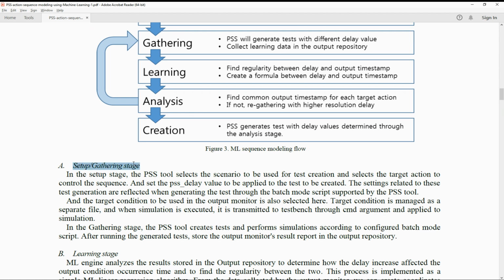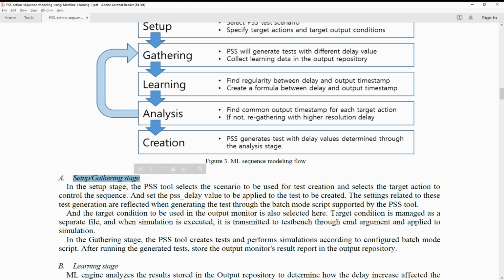A. Setup and gathering stage. In the setup stage, the PSS tool selects the scenario to be used for test creation and selects the target action to control the sequence and set the PSS delay value to be applied to the test to be created.